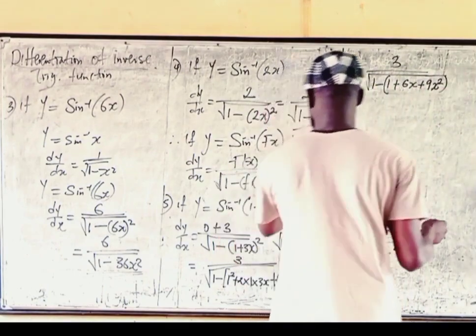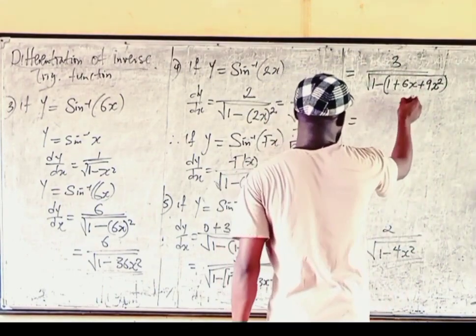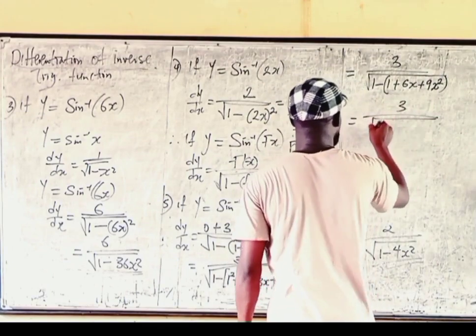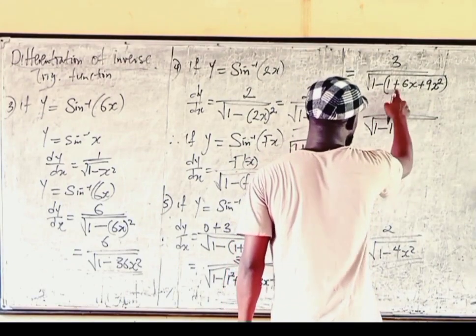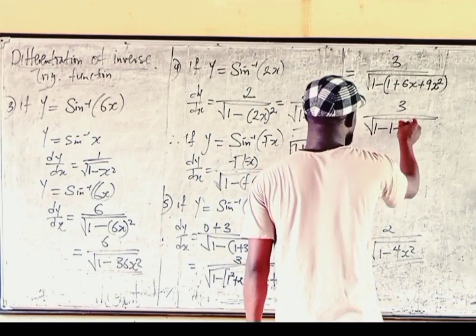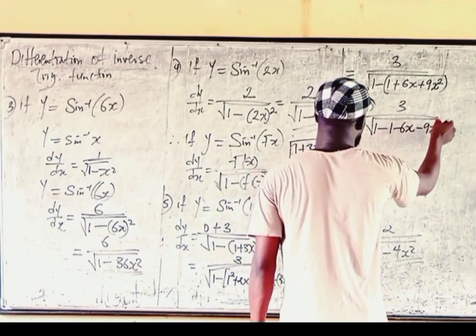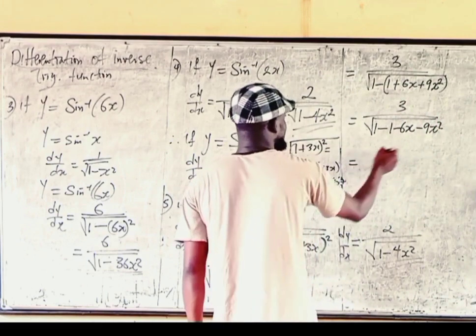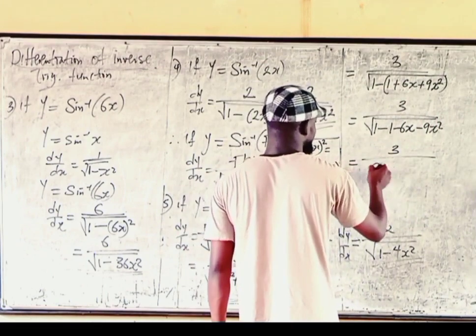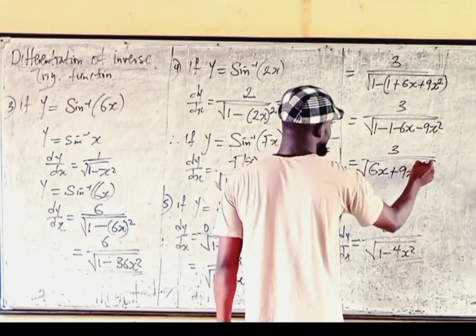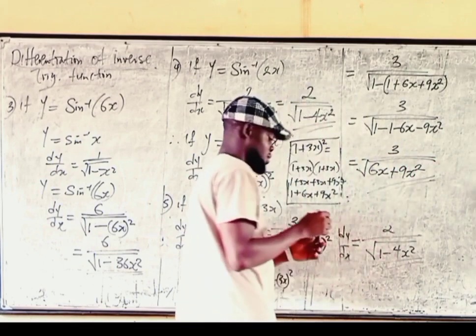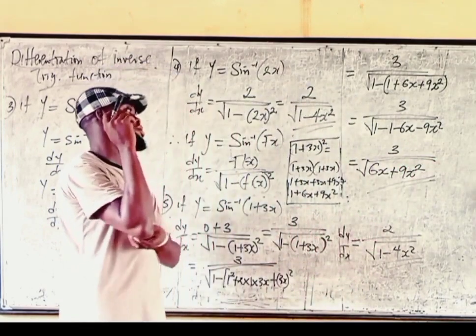Remember what we got before? In this place, it's still the same thing. Therefore, we'll be having the square root of, opening the bracket, minus times plus will be minus. So 1 minus 1, we are going to be having minus 6x minus 9x squared. That will be the answer to that.